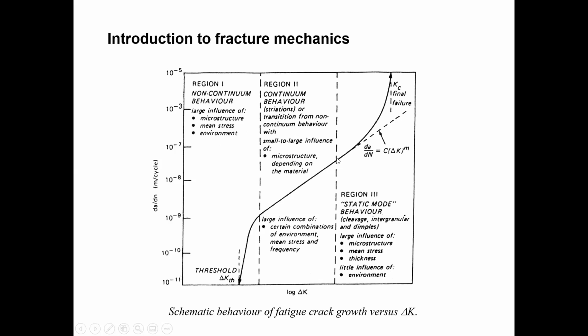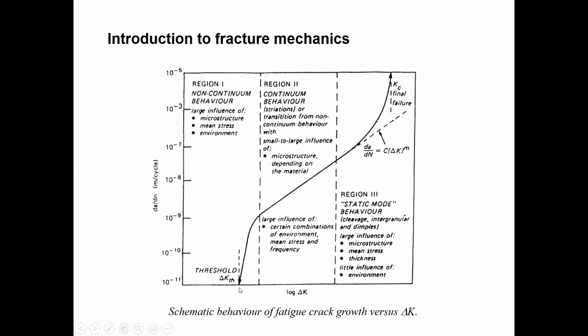So you can see in this diagram, the region 2 again is linear, so you can get the equation for this region. The second region is kind of y equals mx plus c.